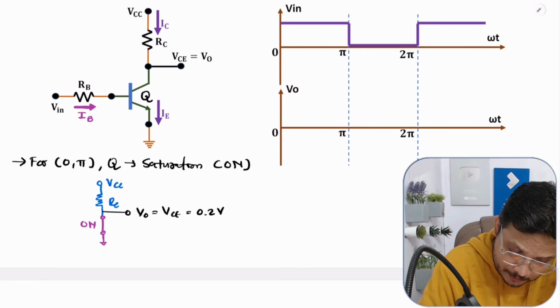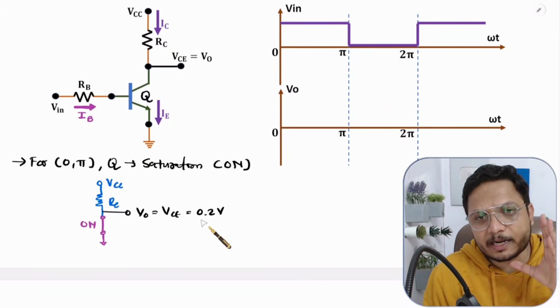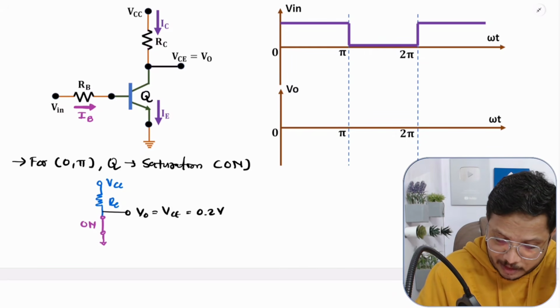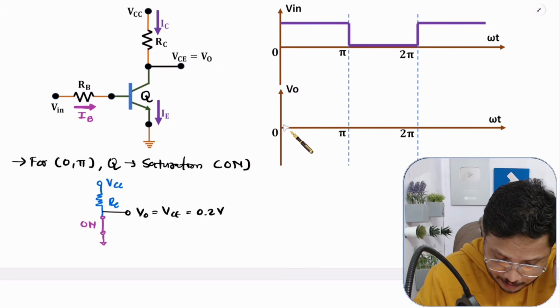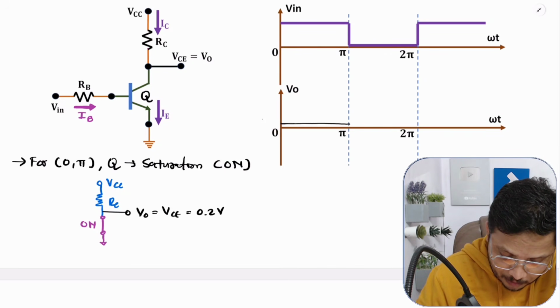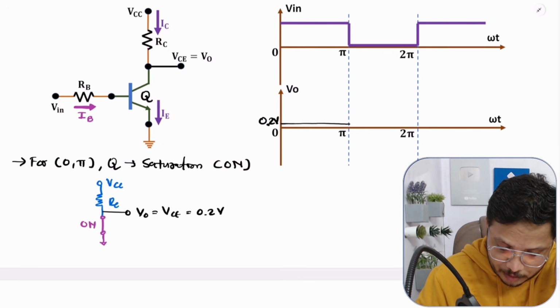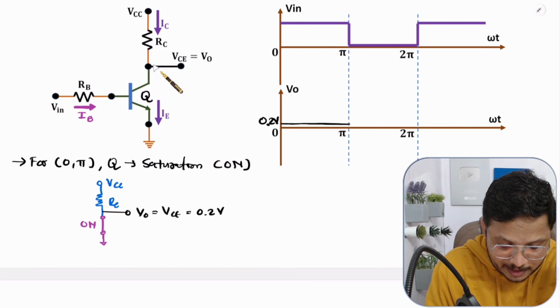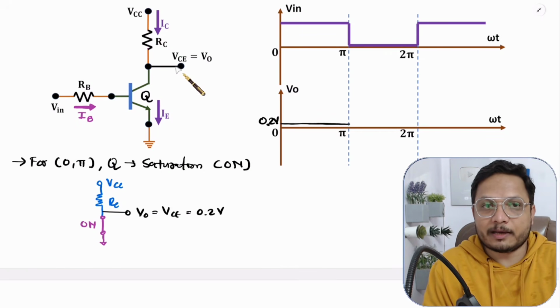So during 0 to pi, output will be 0.2 volt for a silicon transistor. If you plot the waveform, your output will be somewhat 0.2 as we measure it from the collector.